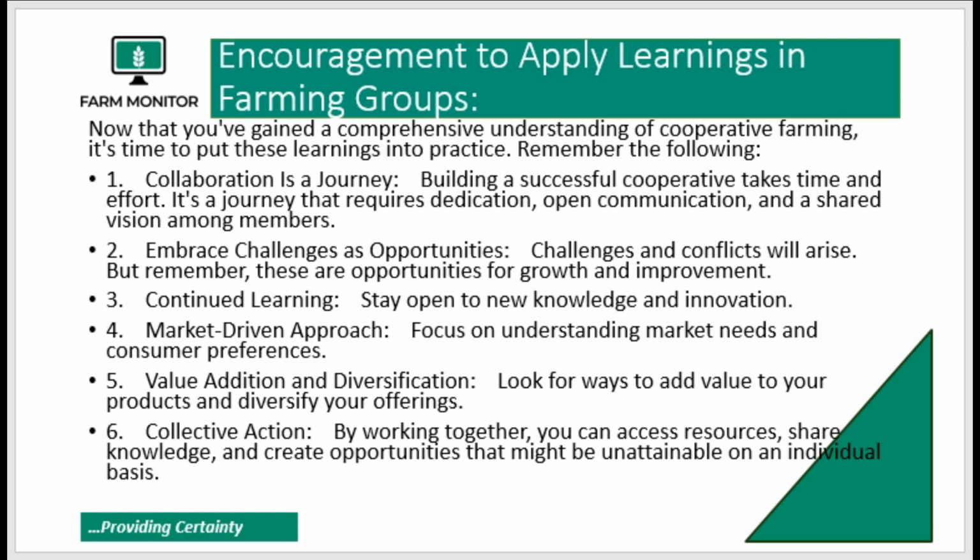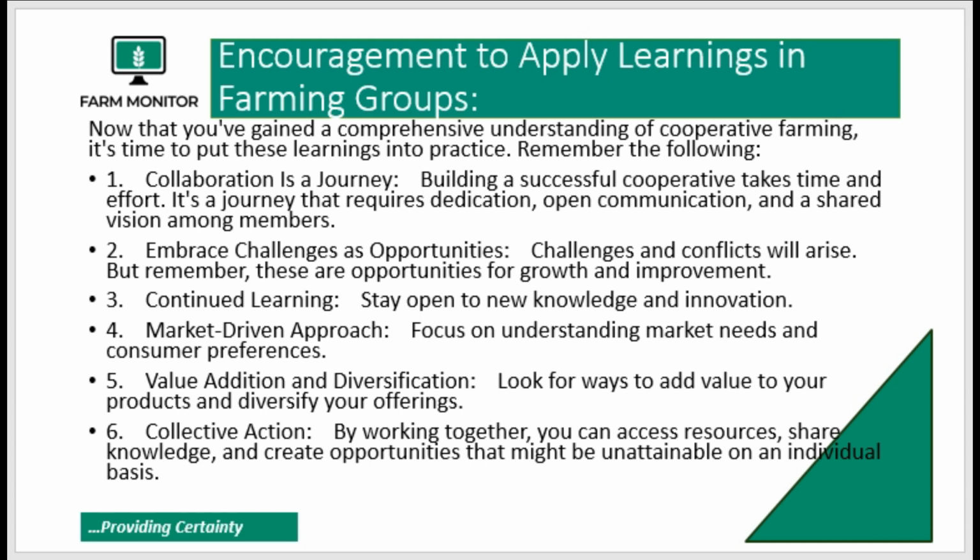So building a successful cooperative takes time, it takes effort. It requires dedication, it requires open communication, it requires shared vision among members.